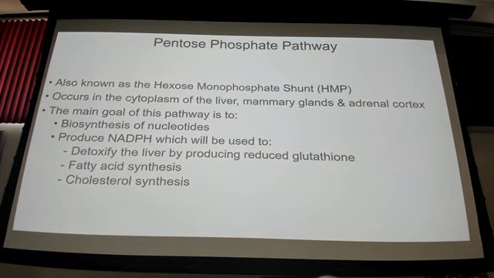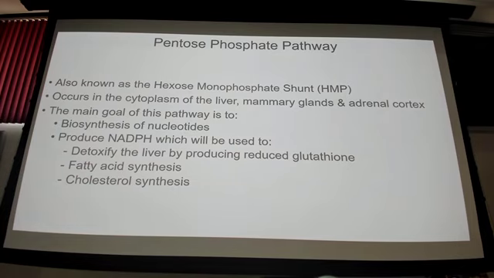So this pathway, the pentose phosphate pathway or hexose monophosphate shunt, occurs in the liver, mammary glands, and also the adrenal cortex to a lesser degree. It produces nucleotides, as I mentioned. It's also involved in fatty acid synthesis and breakdown and cholesterol synthesis.